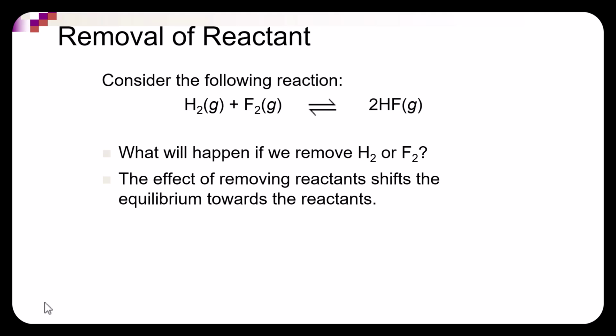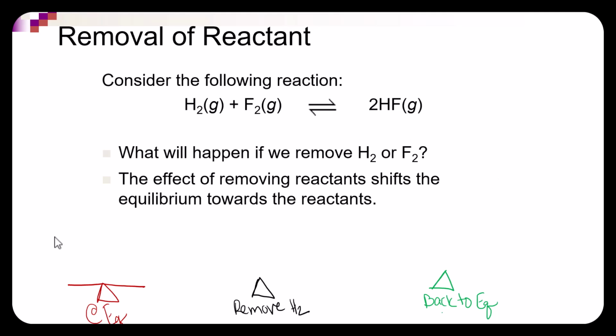Next scenario. Let me get our balances drawn on the bottom. All right, I got our balances drawn on the bottom. So again, we are at equilibrium to begin. This time the stress that we're going to apply is removing our reactants.